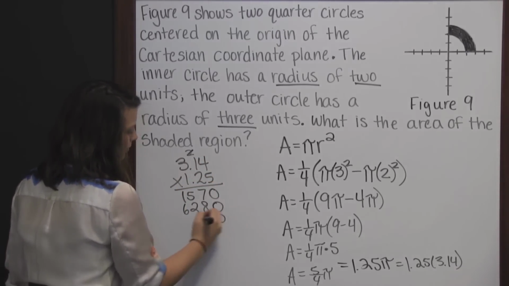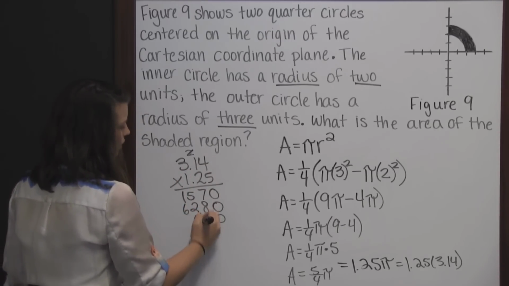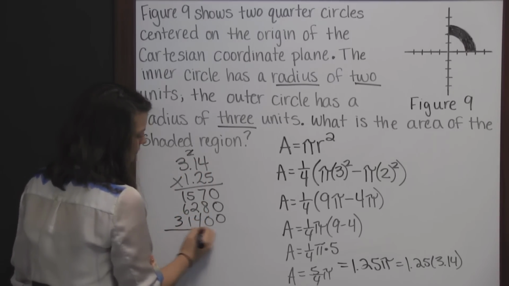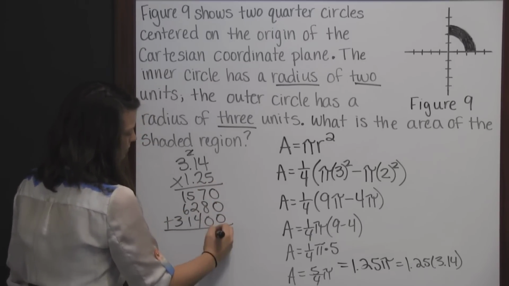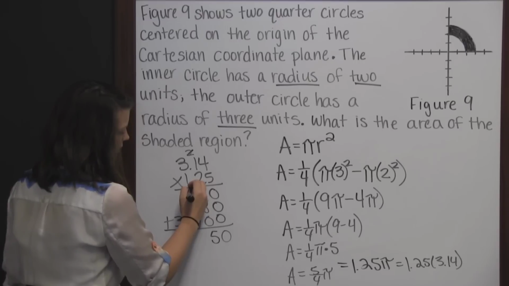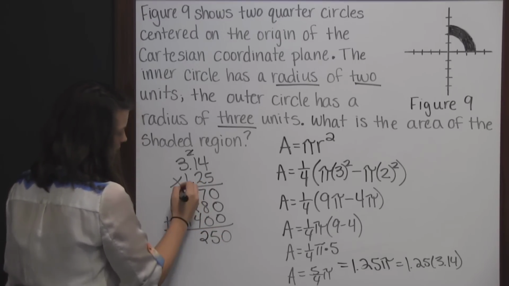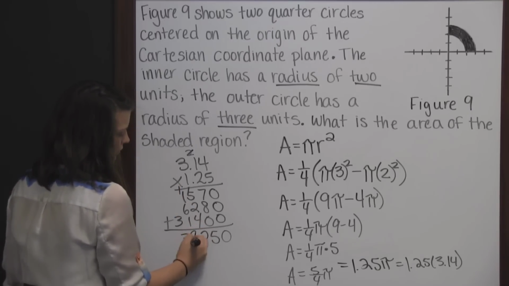Put 2 0 placeholders. 1 times 4 is 4. 1 times 1 is 1. 1 times 3 is 3. Add that together. That's 0. 7 plus 8 is 15, carry the 1. 5, 9, 10, 12, carry the 1. 6, 7, 8, 9, 3.